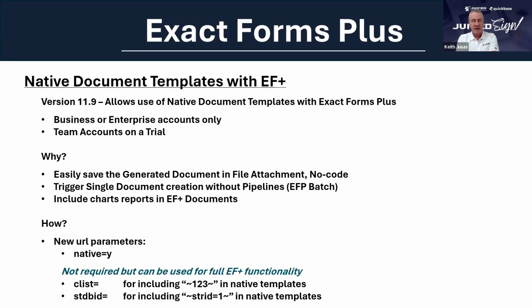You should be using the TPID in the native document templates as opposed to the document templates table for Exact Forms Plus. There are two other parameters that are a little bit more advanced. These are probably going to be on the chargeable side, so I'll actually show you those as well. But the only parameter you really need is native equals yes, and then you can use a native document template.